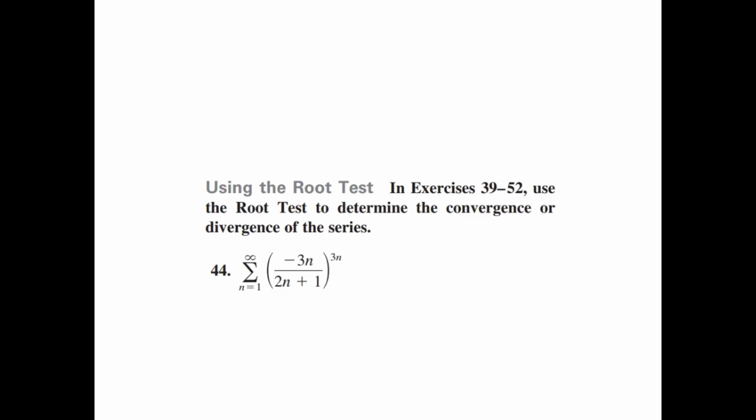So again, you see this power of n right here. And so that means that we might want to try the root test. So we're going to take the limit as n goes off to infinity of the nth root of the absolute value, so that's going to make the negative go away. It'll just be 3n over 2n plus 1, and then this is raised to the 3n.